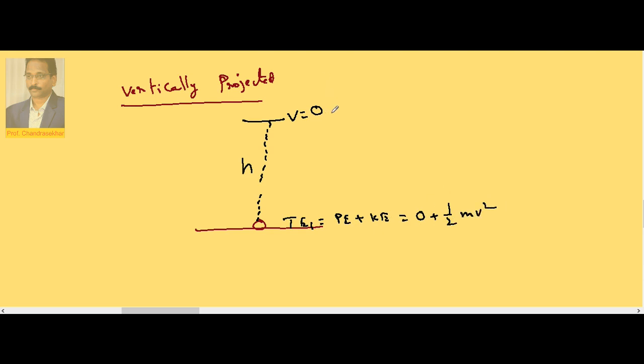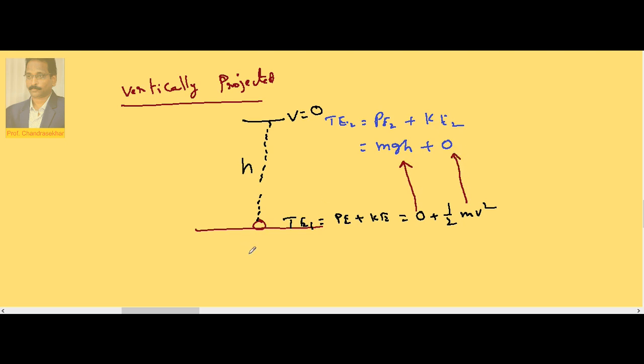As it rises to the highest point, here the total energy is mgh plus 0. So if you observe, as the body is moving up, potential energy is increasing and kinetic energy is decreasing.